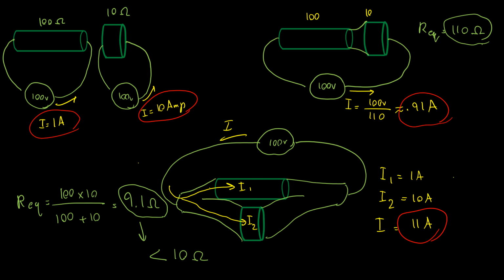And that's the best part about parallel resistors. When you connect resistors together in parallel, the overall resistance is going to be smaller than or equal to the smallest resistance in your circuit, in this case 10 ohms.